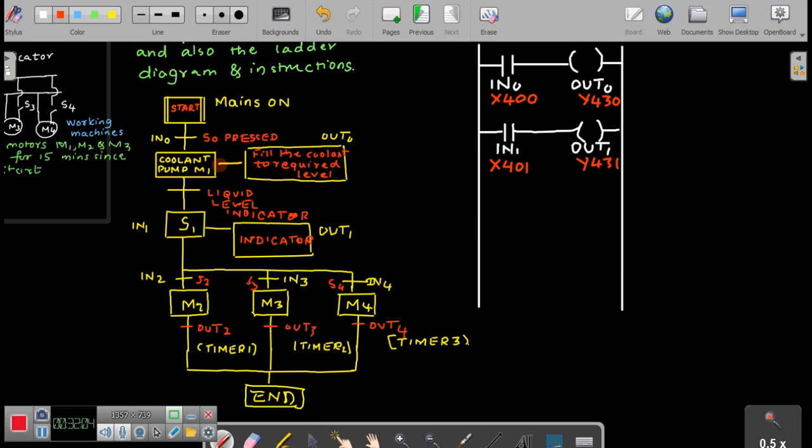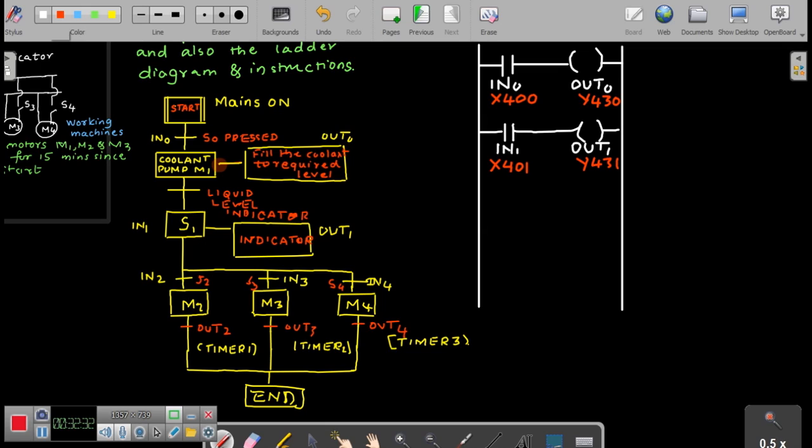Now, next comes the parallel branching. I have come to IN naught, out naught, IN1, out 1. Now you have the parallel branches: whenever your indicator is on, that is out 1 is on, and IN2 is on, you will have out 2 on.